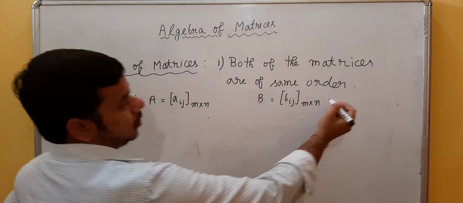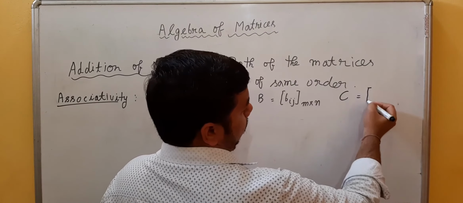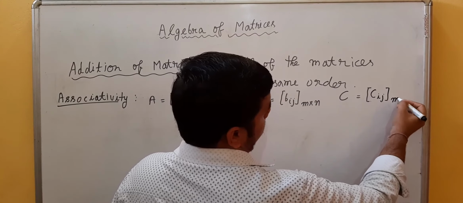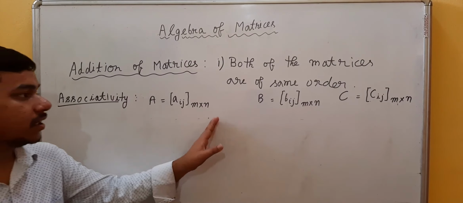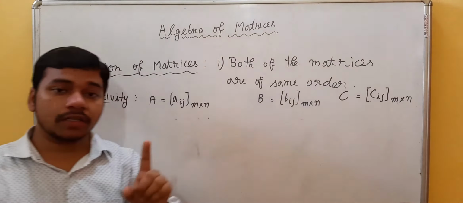A, B, take another matrix C, ij, m cross n. Always keep this fact in your mind that matrices of the same order can be added. Different order matrices cannot be added. So order हमेशा same रखना है, right?